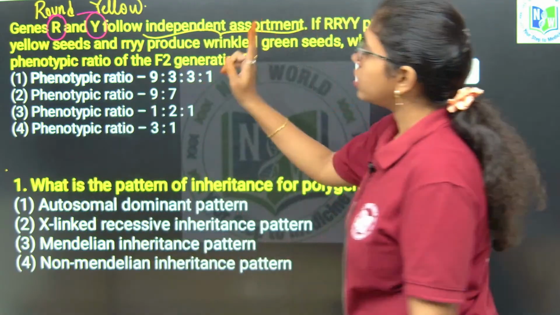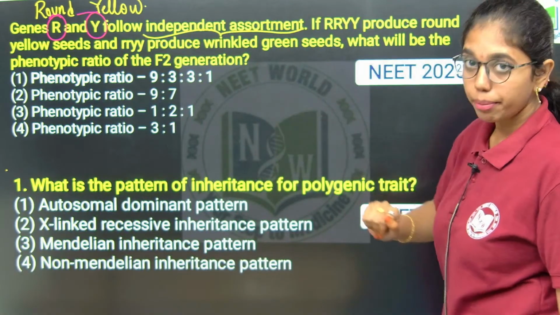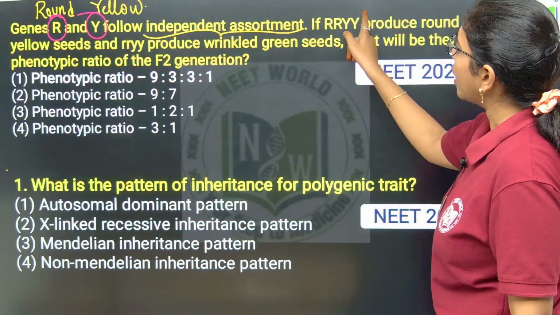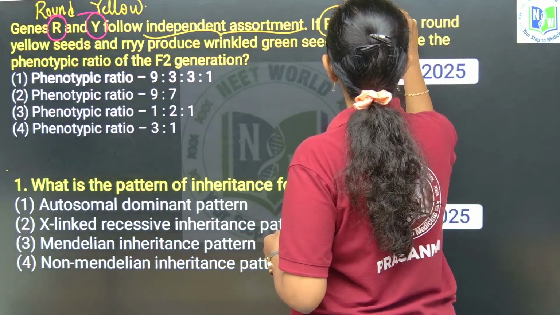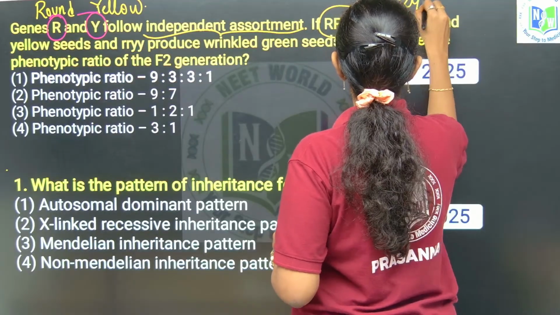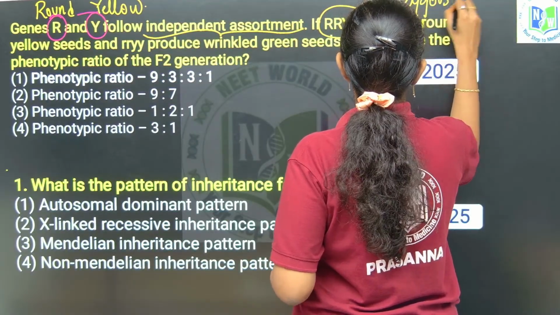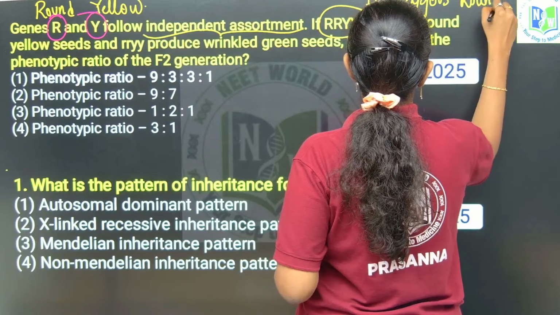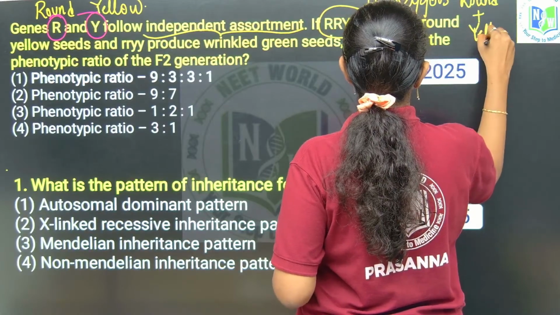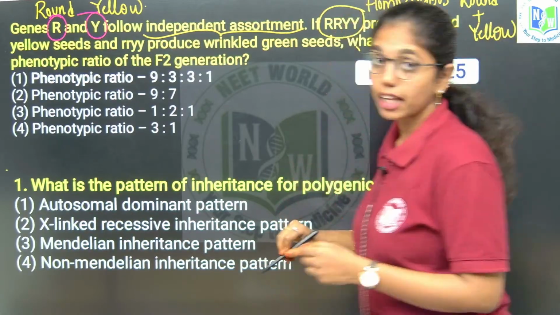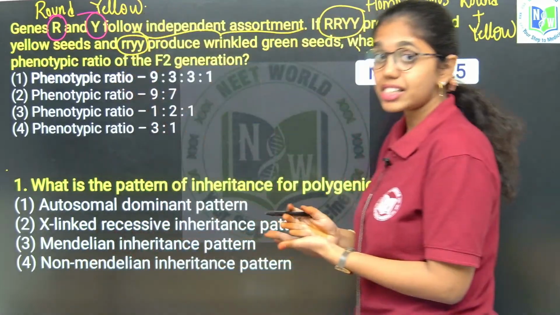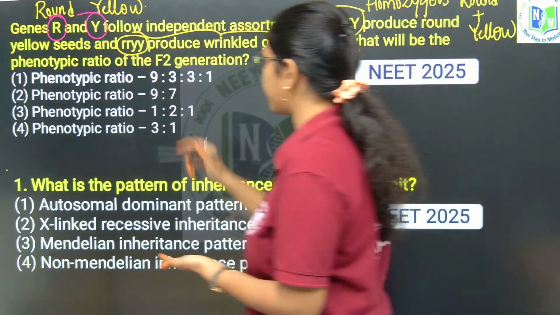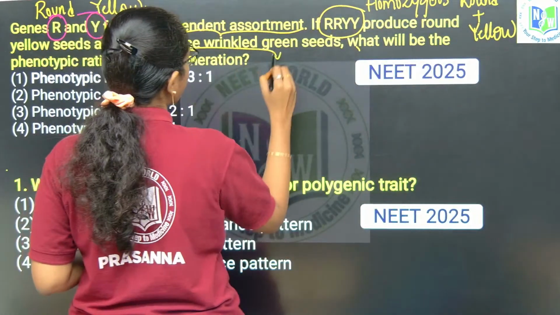So genes R and Y follow independent assortment, where homozygous round and yellow seeds are crossed with homozygous recessive wrinkled and green seeds.